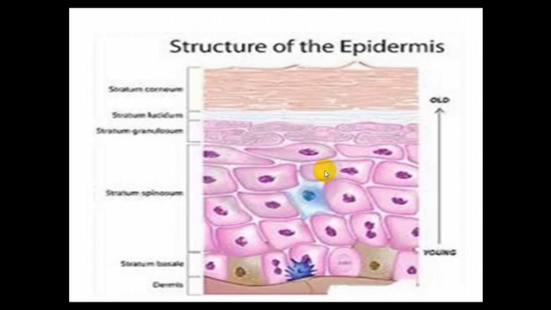These processes are called intercellular bridges, and they give the cells of the stratum spinosum a prickle cell appearance. So the stratum spinosum name is related to these projections from these cells.